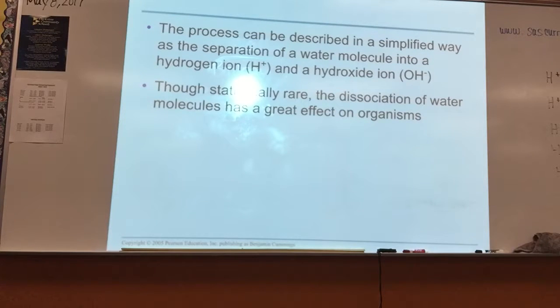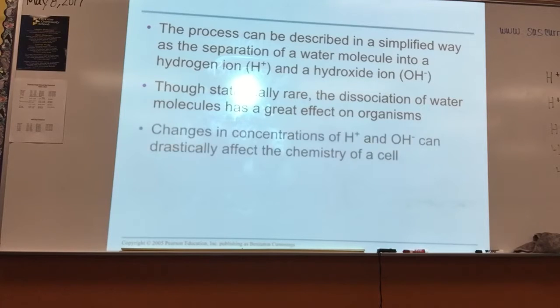The dissociation of water molecules can, though, have a great effect on organisms, and pH has a great effect on organisms. If we change the concentration of hydroxide and hydrogen ions relative to one another, it can really affect a cell and how the cell works and if it can even function at all.